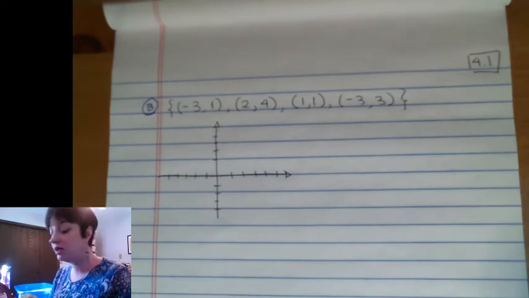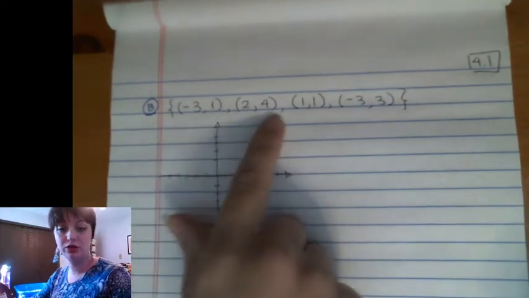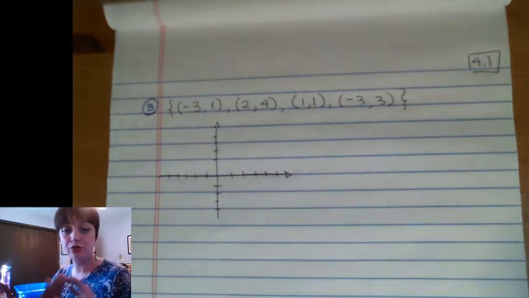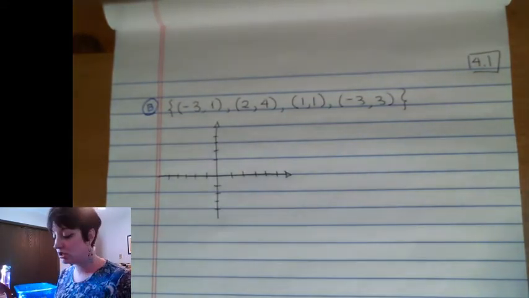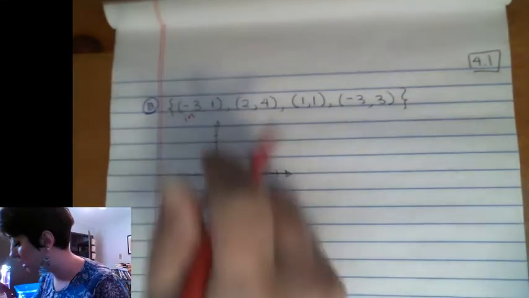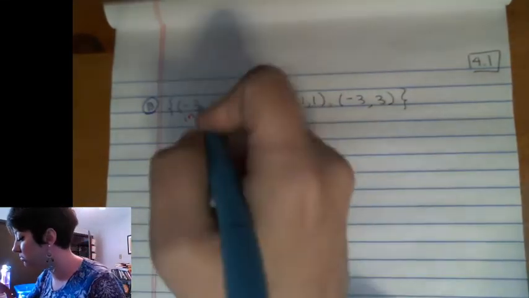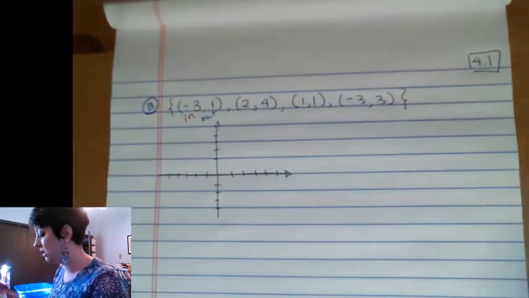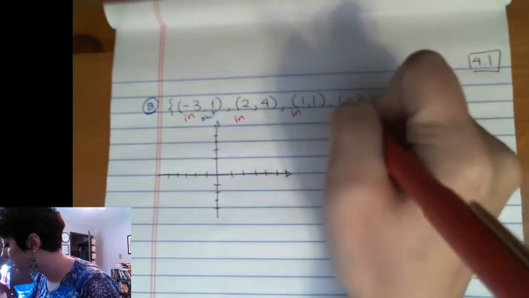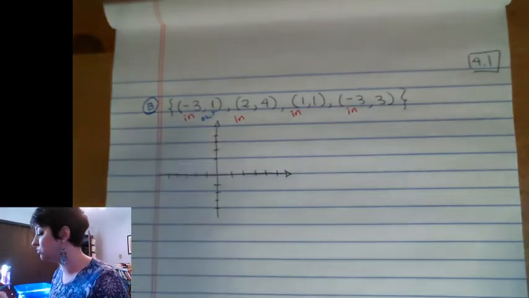Okay. So for B, let's look at -3, 1, 2, 4, 1, 1, -3, 3. Again, I don't know the rule of the relation. I just know that in goes -3, out comes 1. In goes 2, out comes 4. In goes 1, out comes 1.